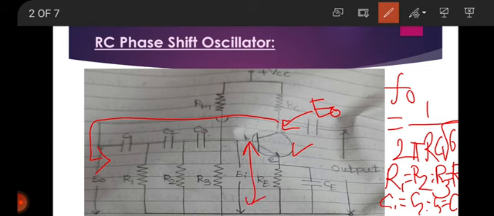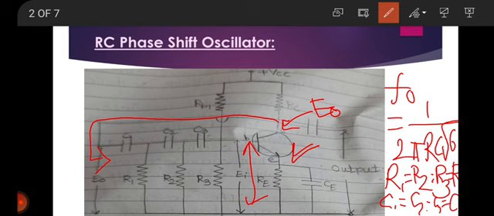Here it is applied, and then a phase shift of 180 degrees is produced by this phase shift network, and also a phase shift of 180 degrees is produced by this transistor amplifier.